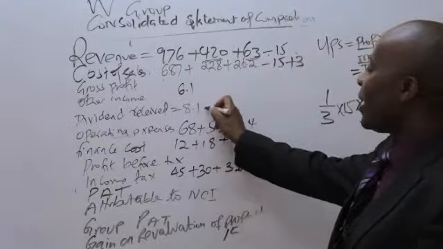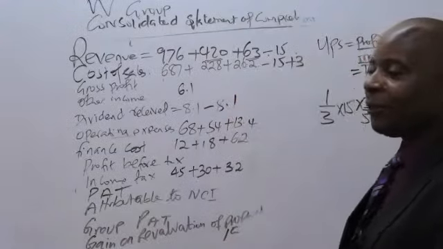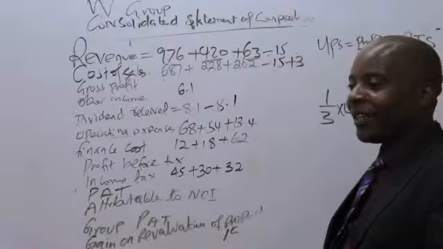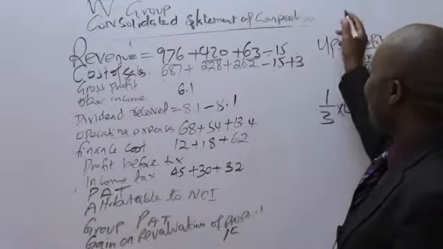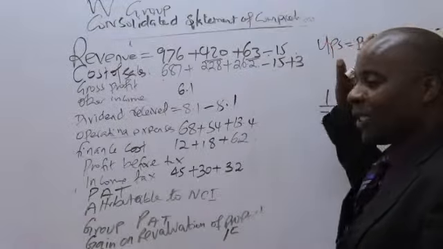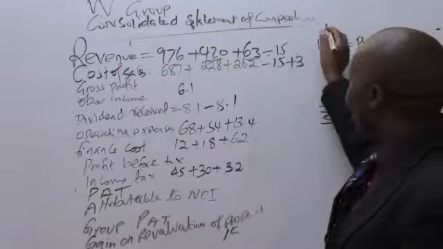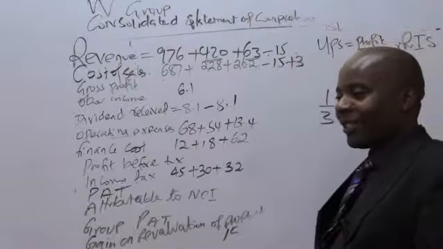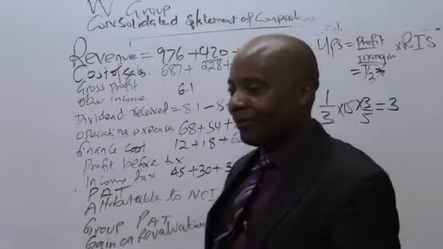So you say minus 8.1. Are you seeing under dividends received, under this column here, you will have 0? Sorry, my handwriting is very bad, and that's why I don't teach FR.